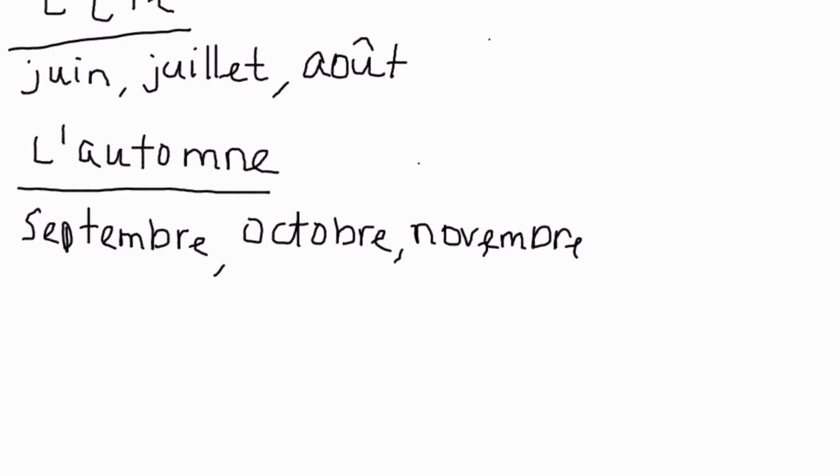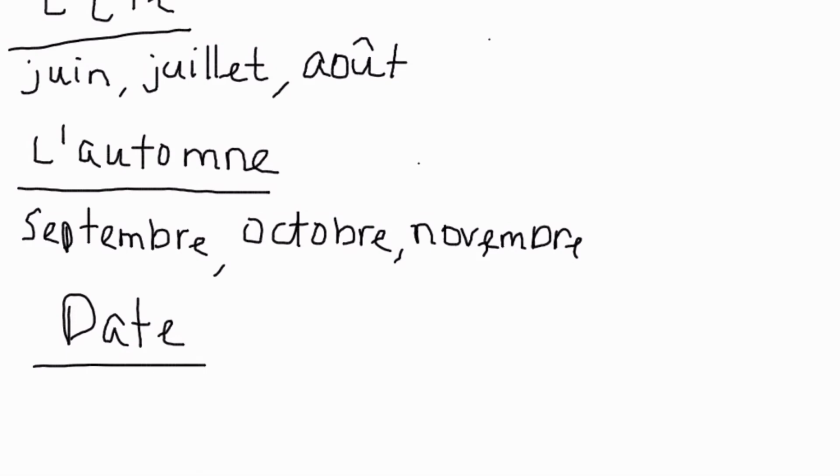So I want to give you a formula that you could use to write the date. Let's label this date. Always when you do the date, you put l'article défini, the definite article.